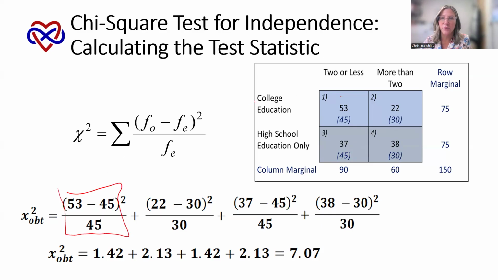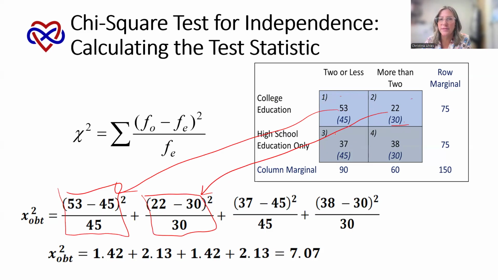So my first chi-square for this cell is right here. And then for the second cell, here's my other little fraction that I'm adding together. And then the third cell, and that's why I usually number the cells right here.